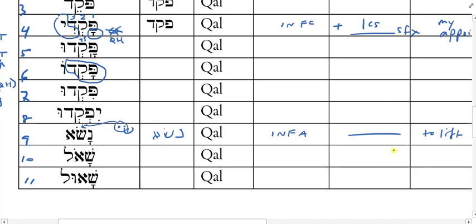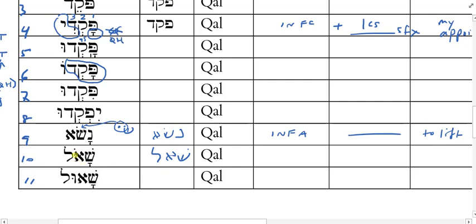All right. Are there any other questions about number 9 there? Let me ask you just to look at number 10 here. We have sha'ol, sha'ol. My root letters are shin, aleph, lamed.